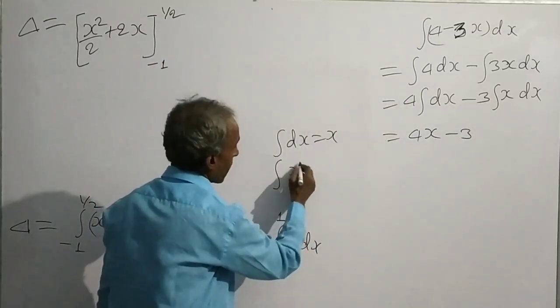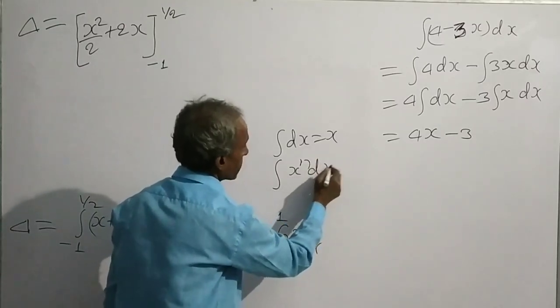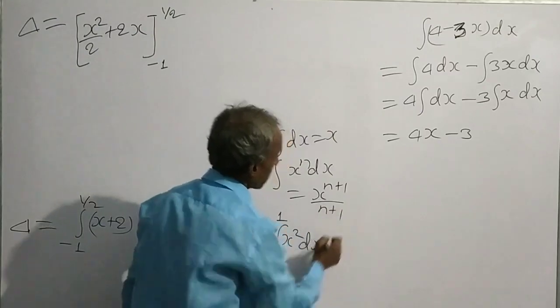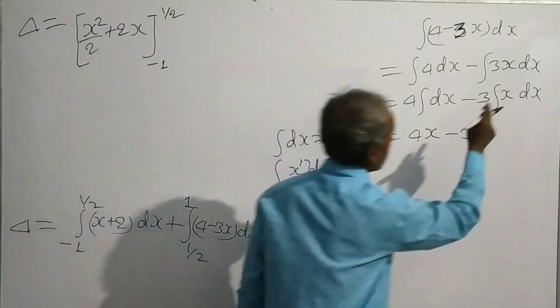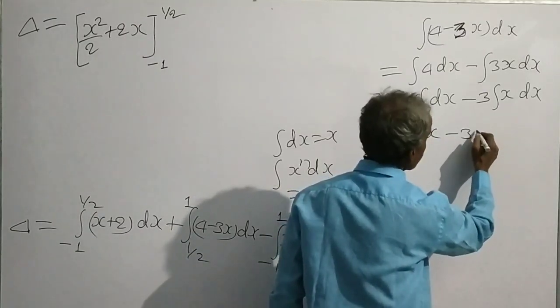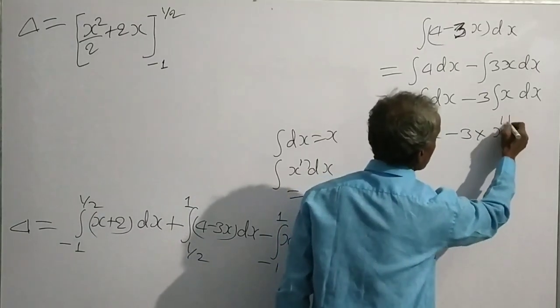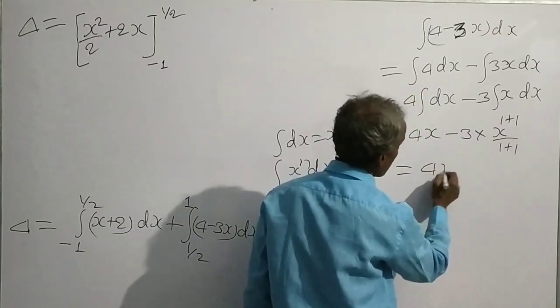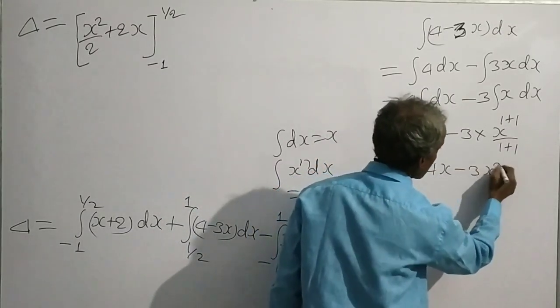We know the formula: x to the power n dx is equal to x to the power n plus 1 by n plus 1. By using this formula, the value of x dx will be equal to x to the power 1 plus 1 by 1 plus 1. This is equal to 4x minus 3x square by 2.